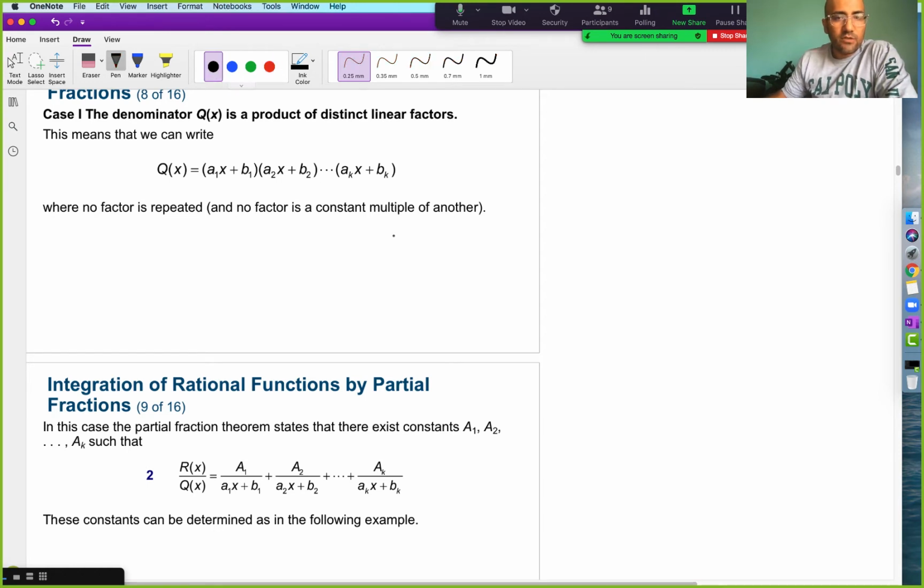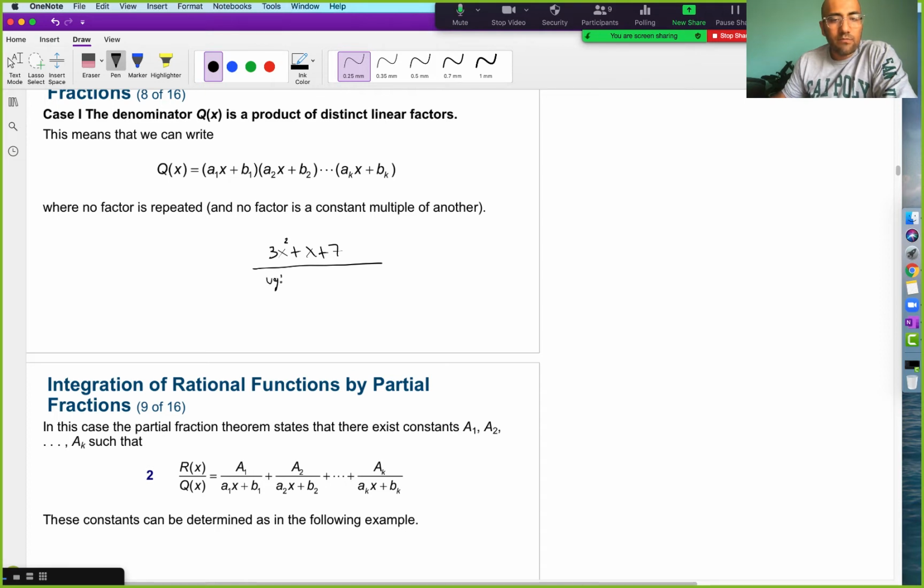I know this can look a little confusing, and I hope it's not the first time you've seen this, but just to explain, let's say that I start off with some sort of rational function that looks like this. X to the power of 2 plus x plus 7, over an ugly polynomial. I'm not even going to write it down.